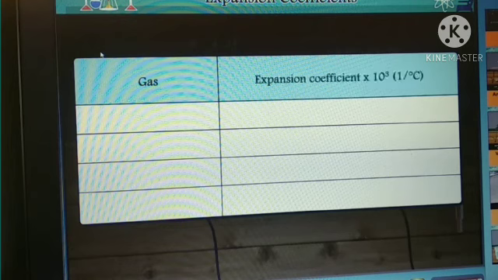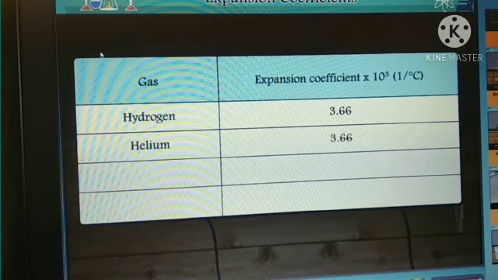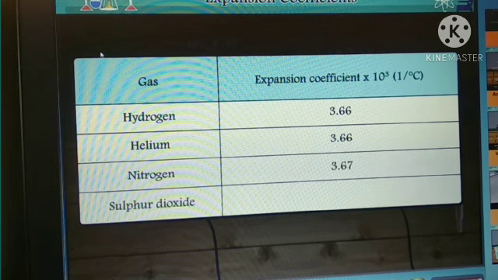Gas, expansion coefficient into 10 raised to minus 3 per degree C. Hydrogen 3.66, helium 3.66, nitrogen 3.67, sulfur dioxide 3.90.